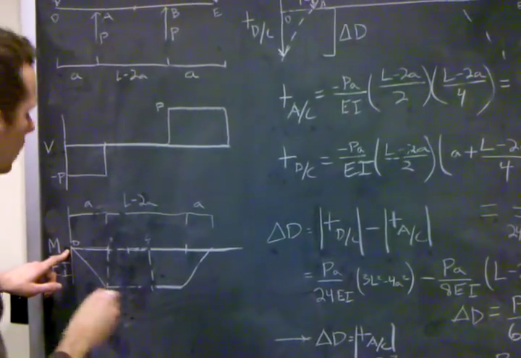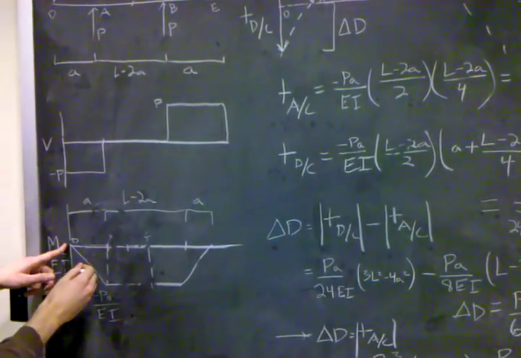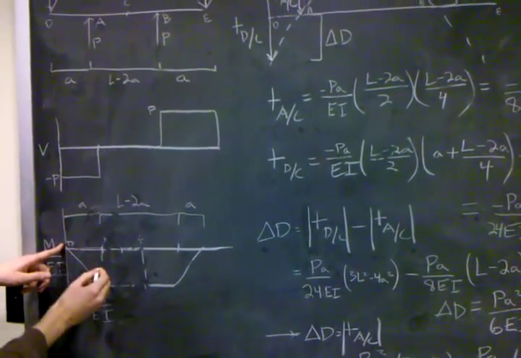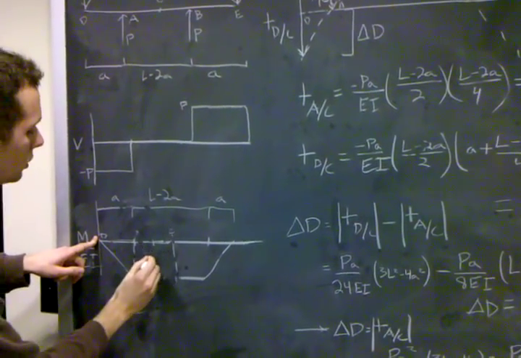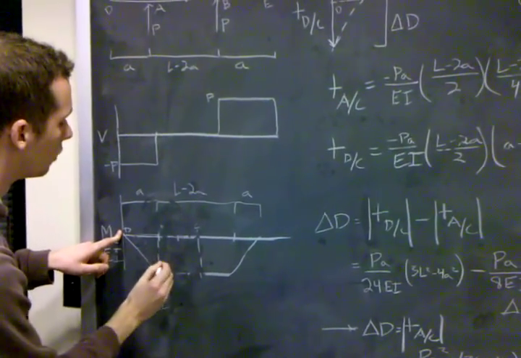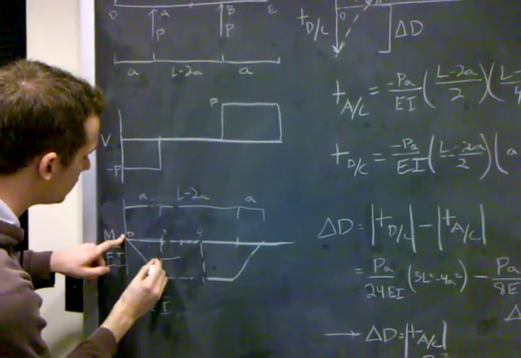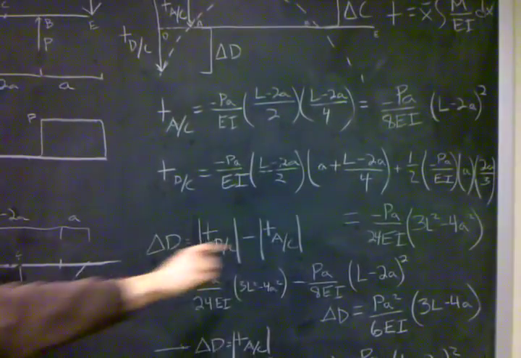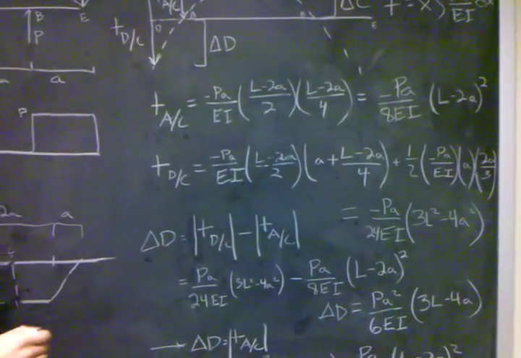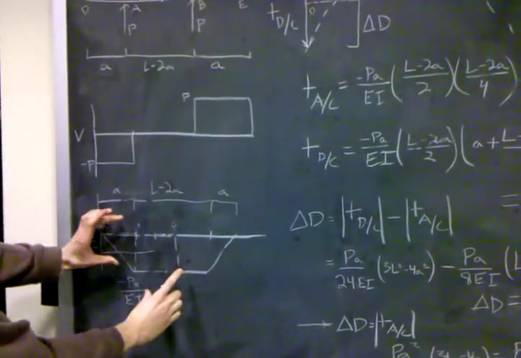And then for our x bar, from D, we're going to have A plus L minus 2A over 4, because we want this distance plus this distance right there. So we have this term right here, and that's just for the square.